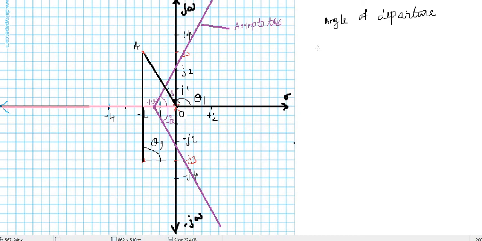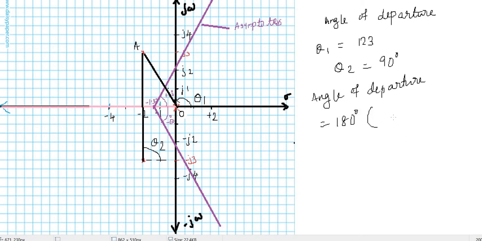If you measure theta 1, you will get approximately 123 degrees, and theta 2 equal to 90 degrees. So the angle of departure is 180 minus the sum of angles of vectors from all other poles, that is 123 plus 90 degrees, plus the sum of angles of vectors from all zeros.